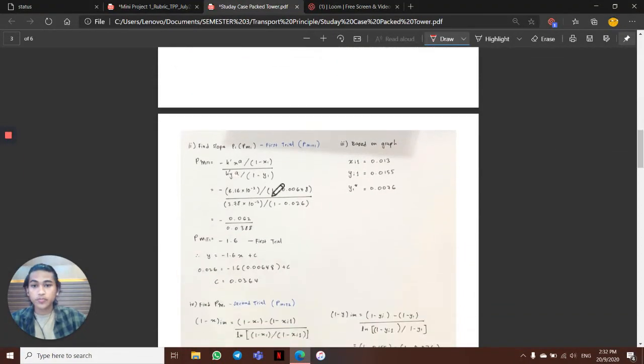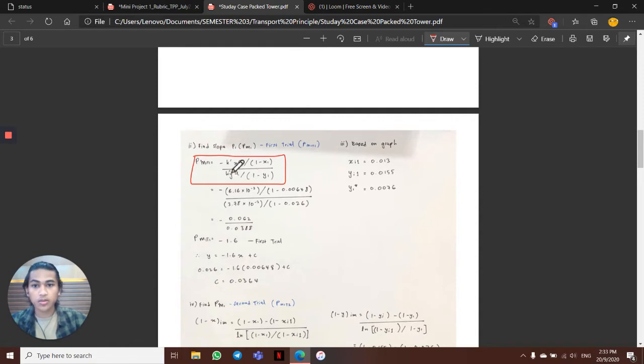To find the slope, which is the first trial, we label it as PM1 T1. We also have to find this formula in the appendix. T1 refers to trial 1 and M1 refers to the first gradient.